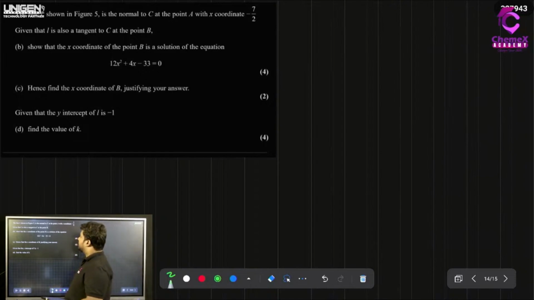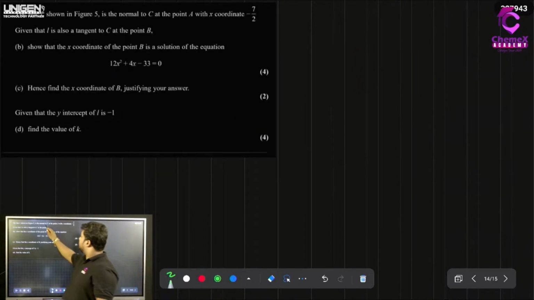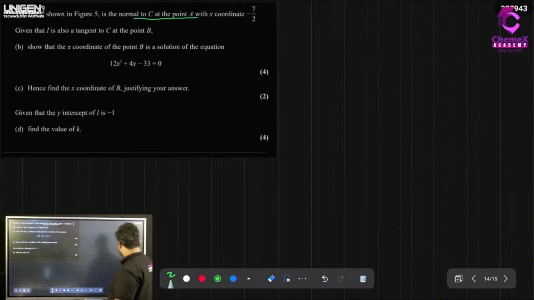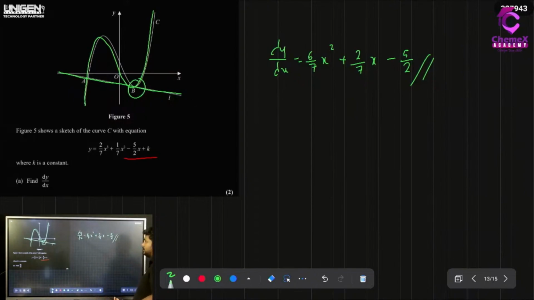The line L shown in figure 5 is a normal to C at x equals minus 7 over 2. Given that L is also a tangent to C at B, show that the x coordinate of B is a solution of the equation given. So they have given that, so this is the equation going like this. Then they have said the normal to C at A, this normal cuts at B, right?